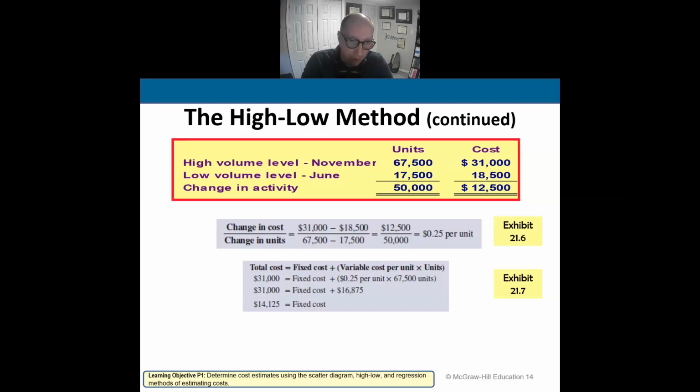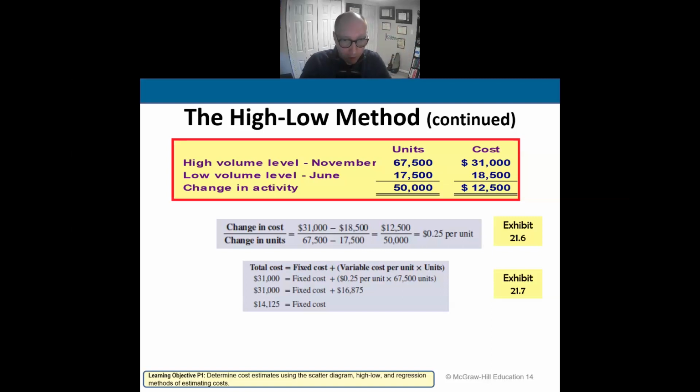Now, if I switch signs, remember order of operations. So I'm going to take that 16,875. I'm going to subtract it from my total cost to find the fixed cost. Because remember, we're trying to find fixed cost. How do you find fixed cost?